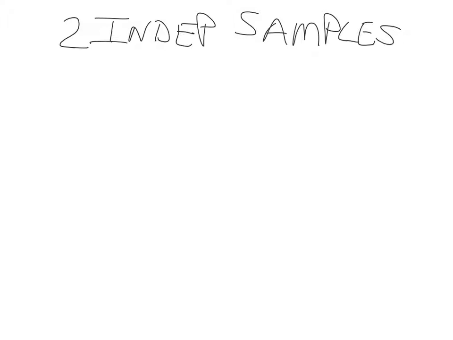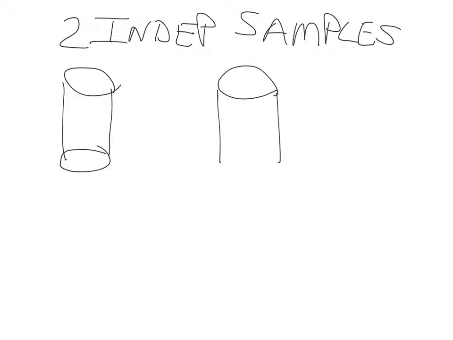Okay, so we've done one independent sample, and you use Z's and T's in that. Now we're going to use two independent samples, and as some of you know, all the things I know how to draw look the same, except for my ghosts. Here's my ghost.